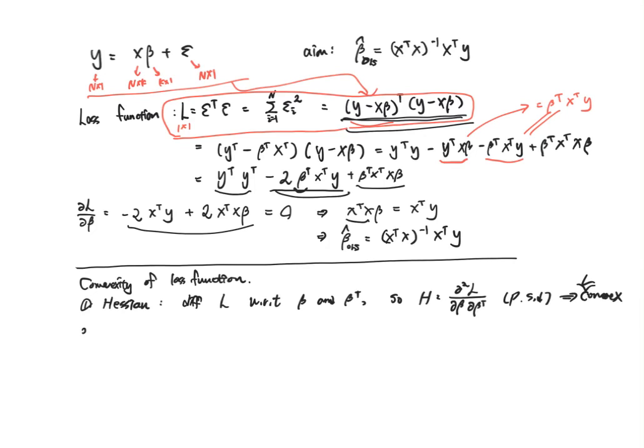So there is some more intuitive way. We have a proposition: any square of a linear function is convex.